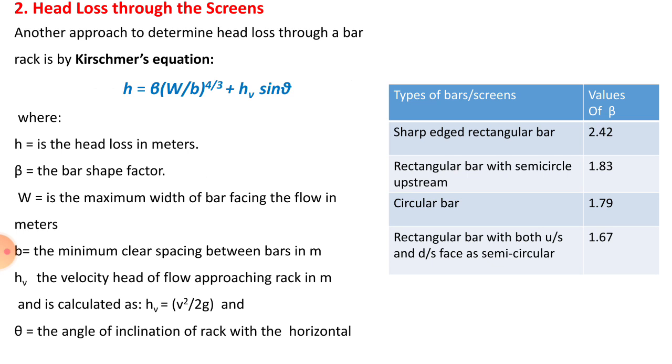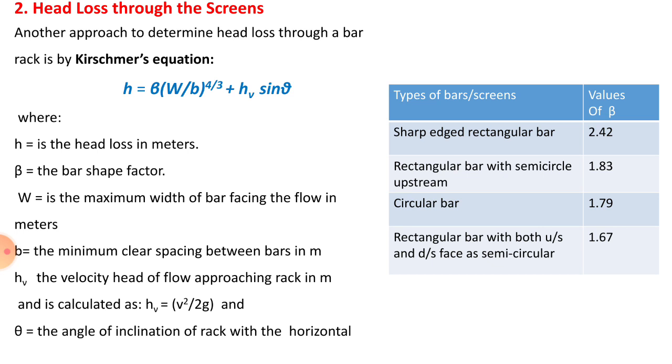It states that h is equal to beta into (w divided by b) raised to 4 by 3, times hv into sin theta, where h is the head loss in meters, beta is the bar shape factor, w is the maximum width of the bar facing the flow in meters, b is the minimum clear spacing between the bars in meters, hv is the velocity head of the flow approaching the rack in meters, calculated as hv equal to v square by 2g, and theta is the angle of inclination of the rack with the horizontal.